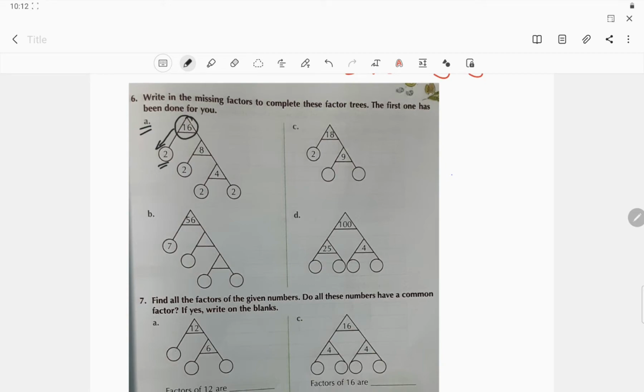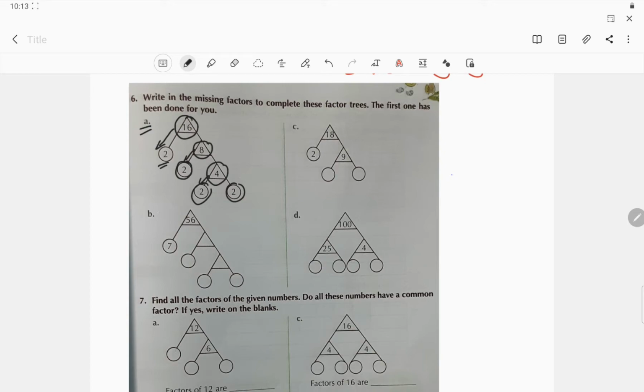That means you are dividing 16 by 2 and you are getting 8. Again there is another branch, here it is given 2. That means you are dividing 8 by 2 and you are getting 4. In a similar manner we are getting another 2. So these are called factor trees.